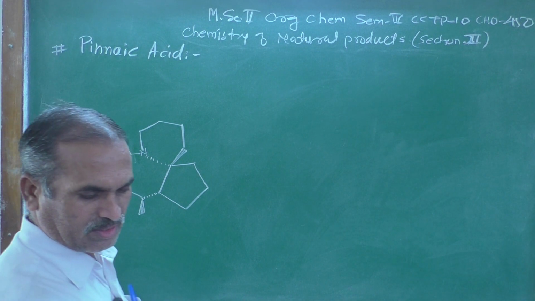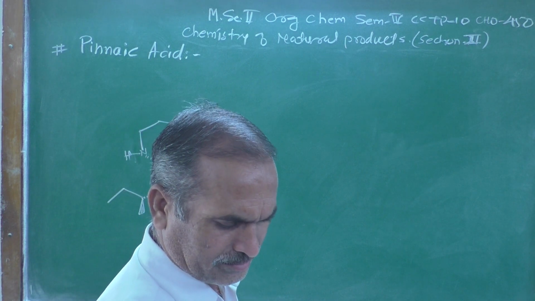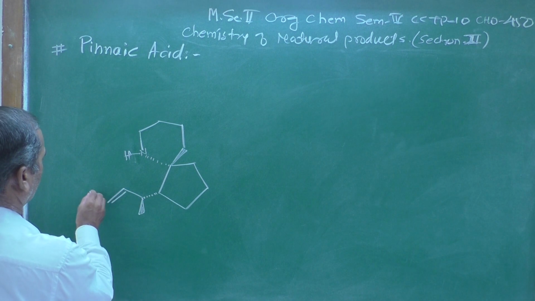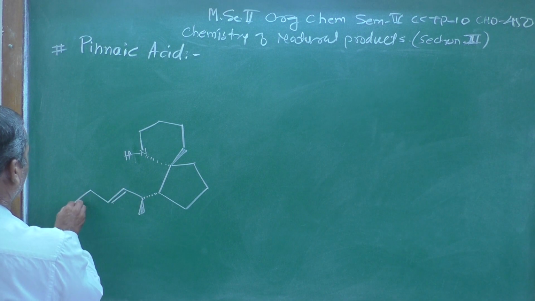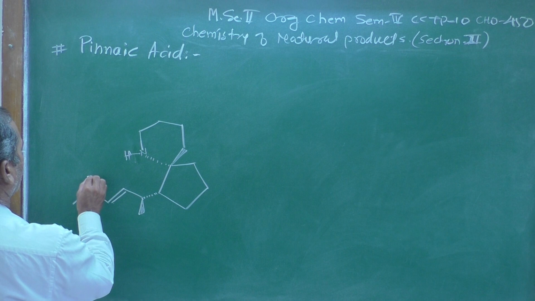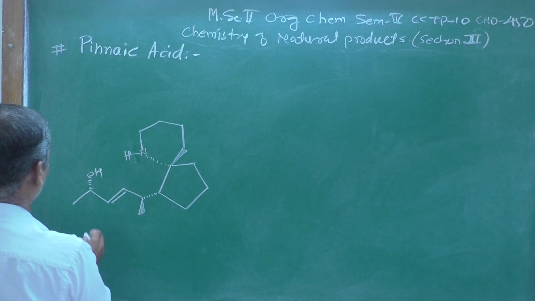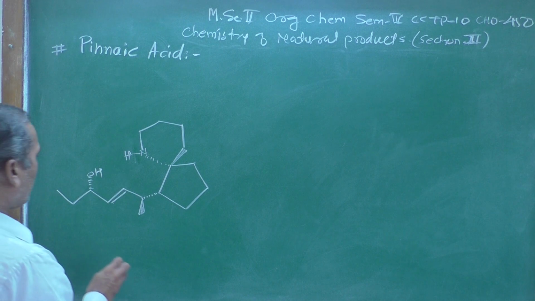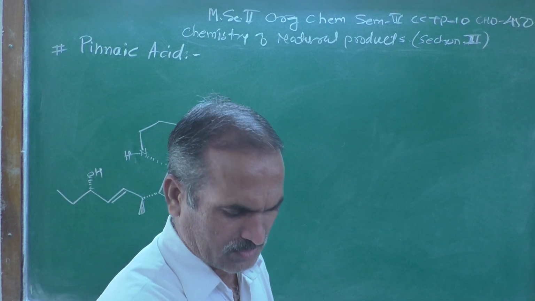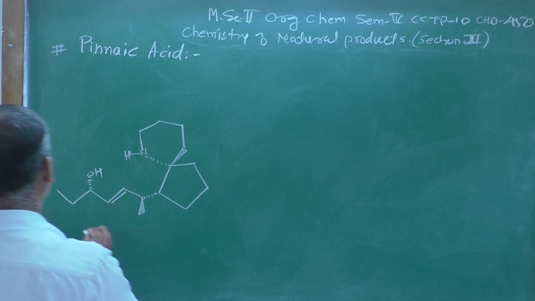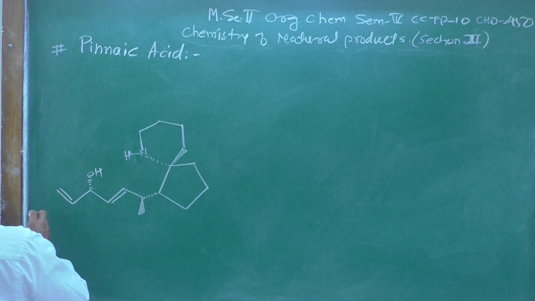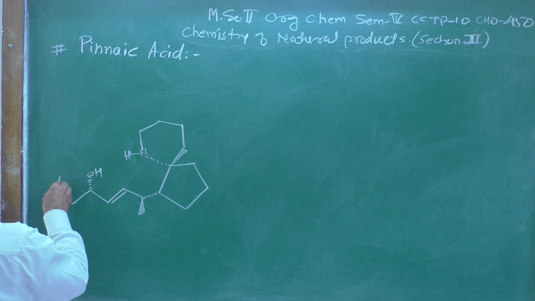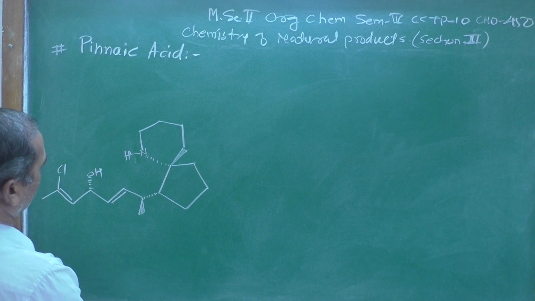Then there will be a double bond, single bond, then here a hydroxyl group is attached, then this one, then there will be a double bond, then here is a chlorine atom.